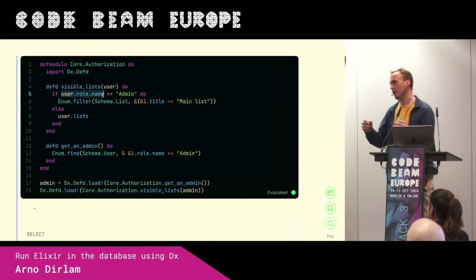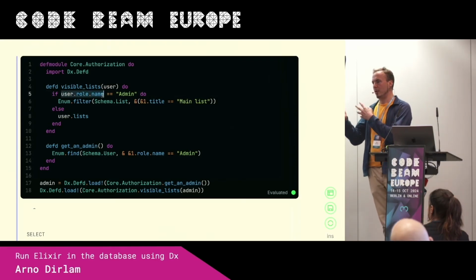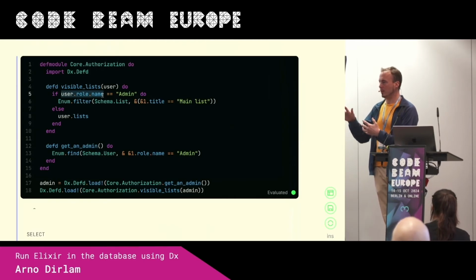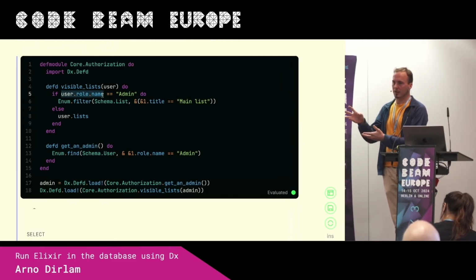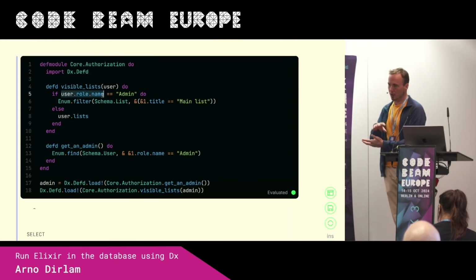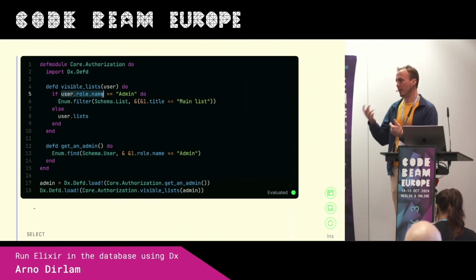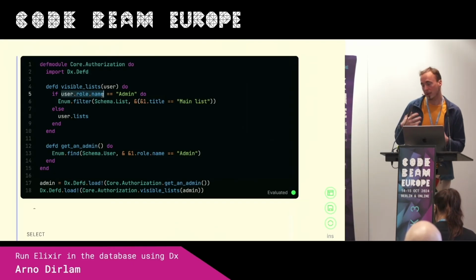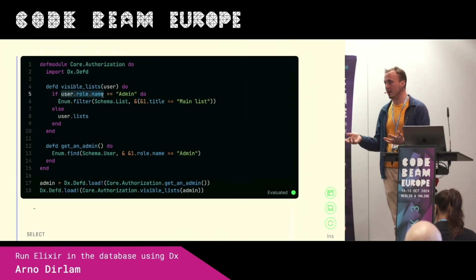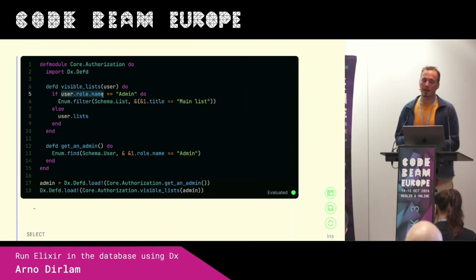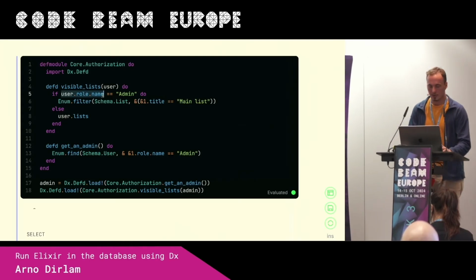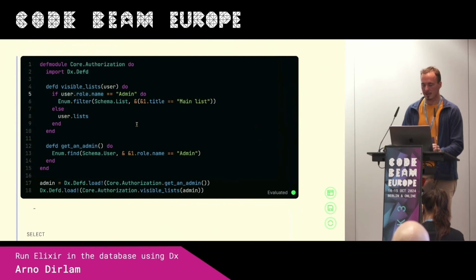Basically, it always tries to translate your code to SQL. And if that's not possible, or maybe it already has the data loaded, then it will act like Ecto's preloading. So it will load data as needed.